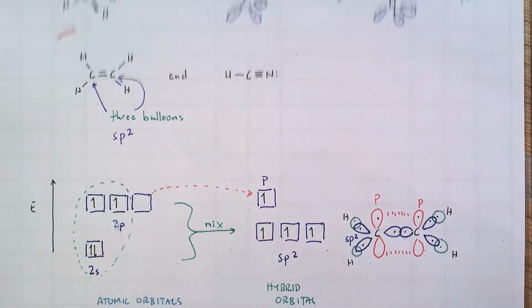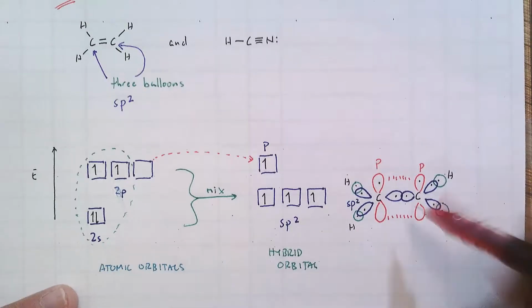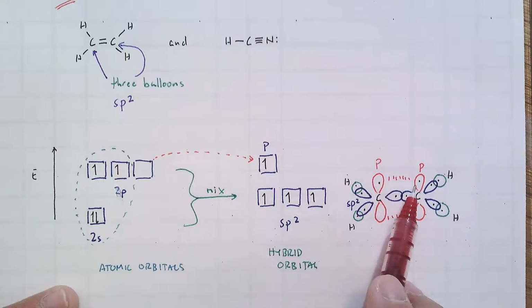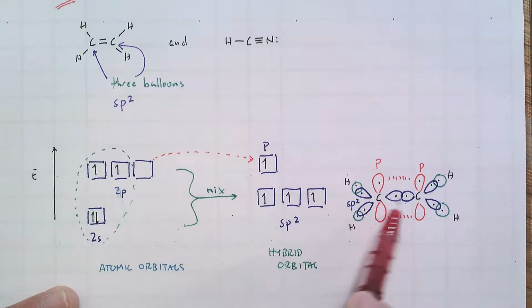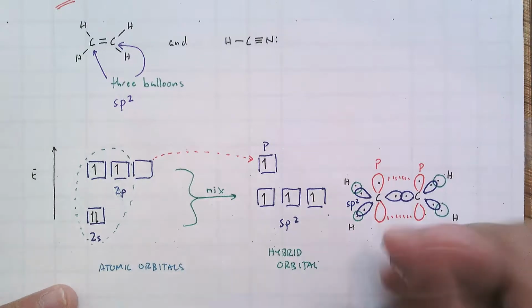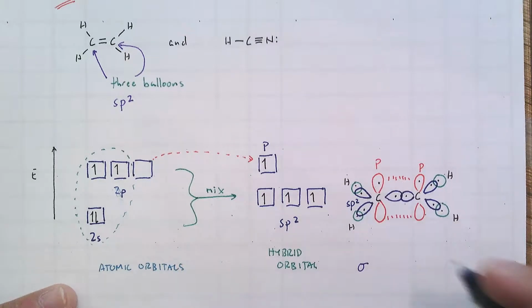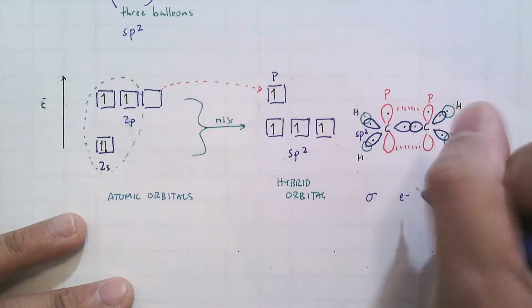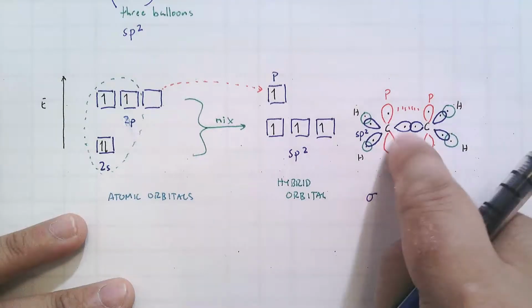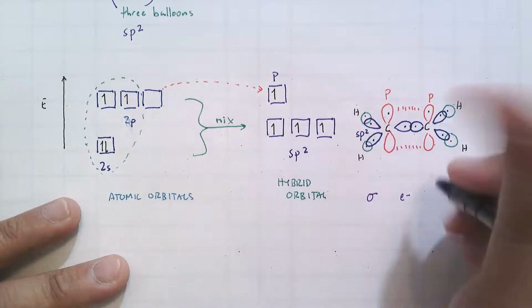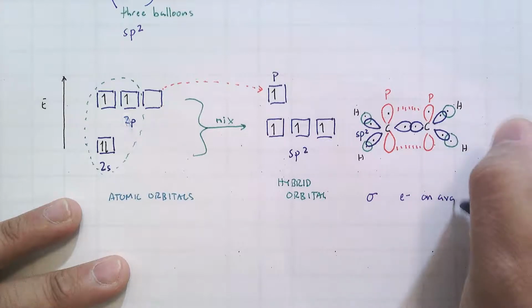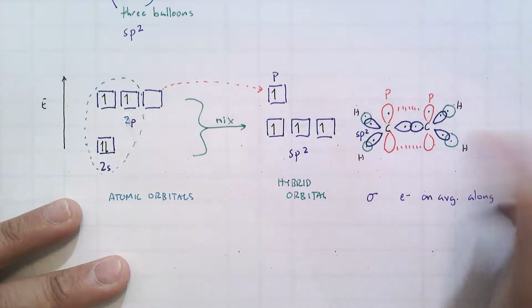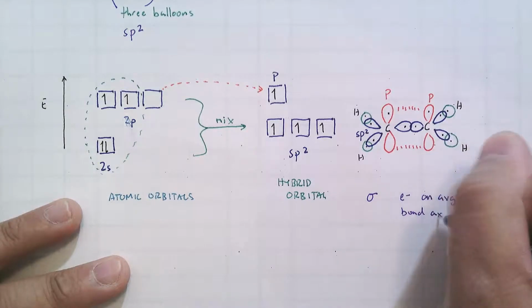Now, if you think about it or try to visualize it, the electrons that are in the p orbitals that are now being shared, they actually never are very close to the middle, to the bond axis. Remember the definition for sigma and pi? A sigma bond is that the electrons are close to, or on average along, the bond axis.